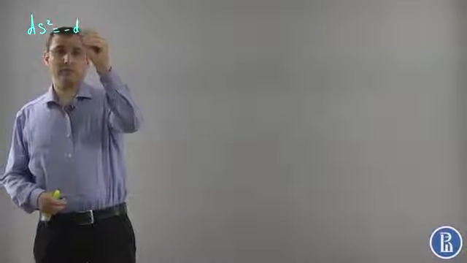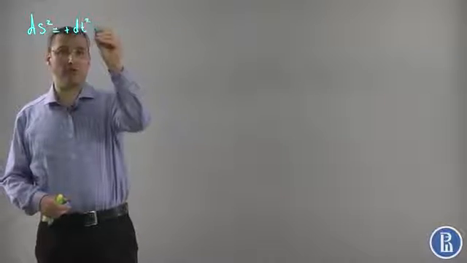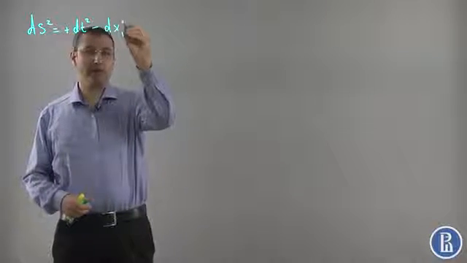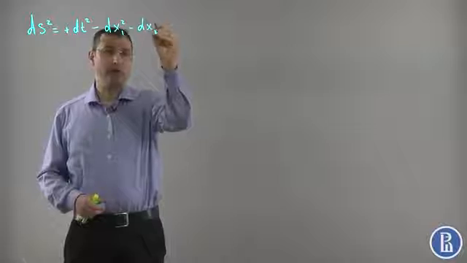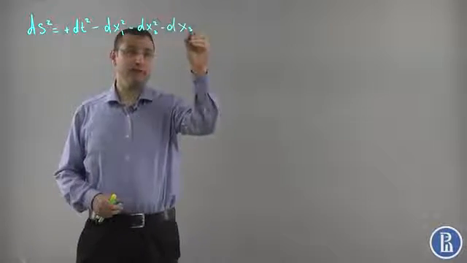So we have made the following transformation. Originally we had the following metric, plus dt squared minus dx1 squared minus dx2 squared minus dx3 squared.